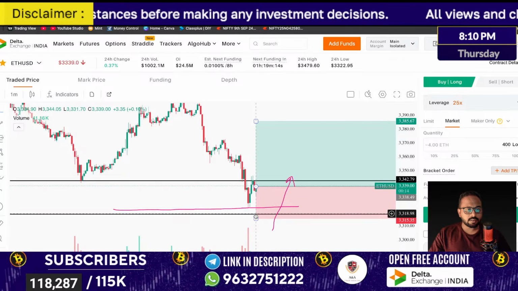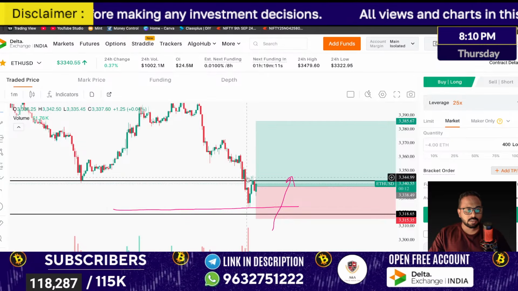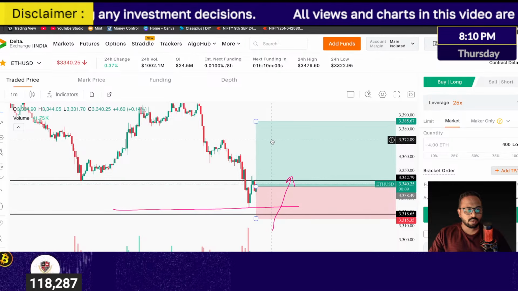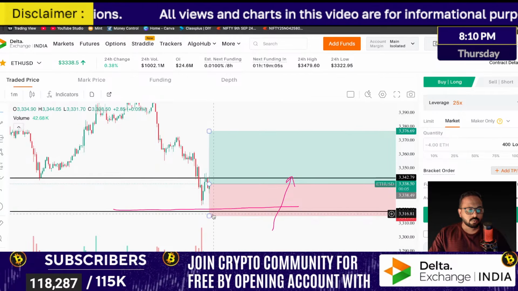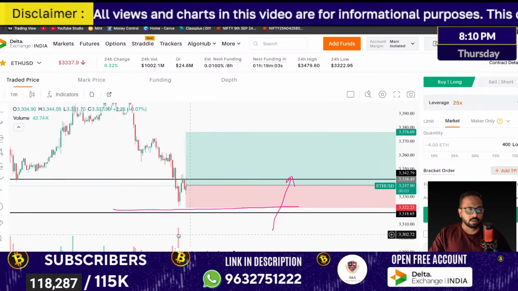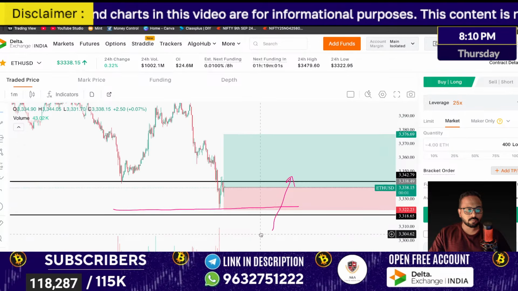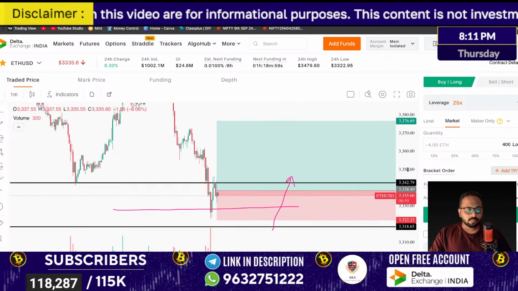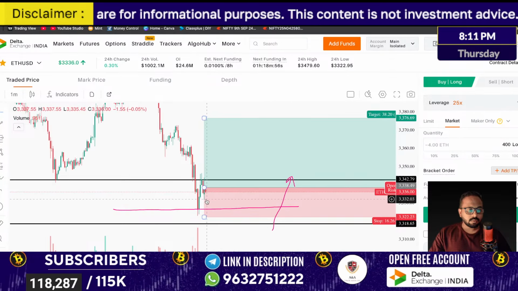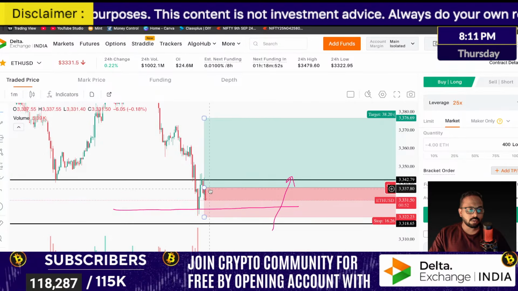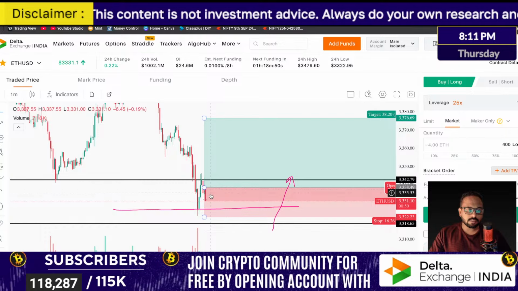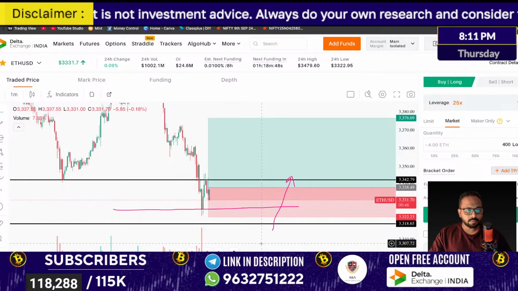I wanted to enter here, but only if it is holding up to this zone can it move. Let it sustain and show some bullishness, then I will look. In case it's not sustaining here, I'm going to try.